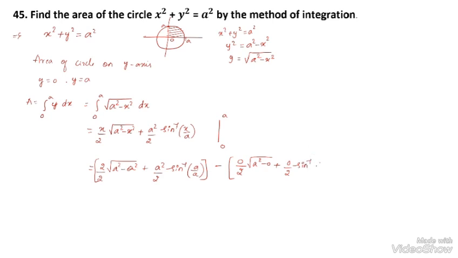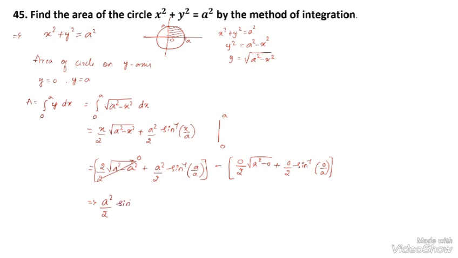Now, a by 2 into root of a square minus a square becomes 0. Now a square divided by 2 into sine inverse of 1.